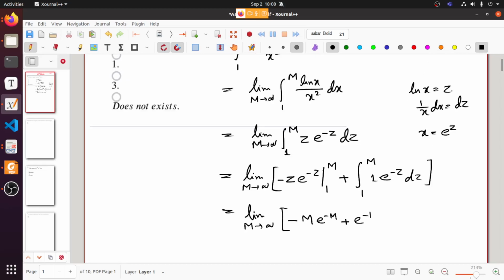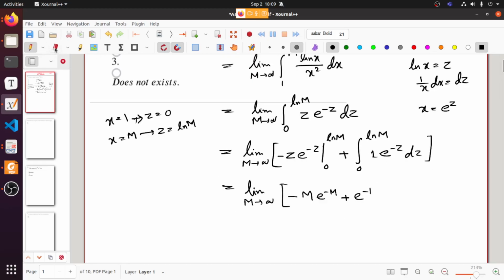When you put ln x equals z, when x equals 1, z will be 0, and when x is m, z will become ln m. So the limit will be from 0 to ln m.